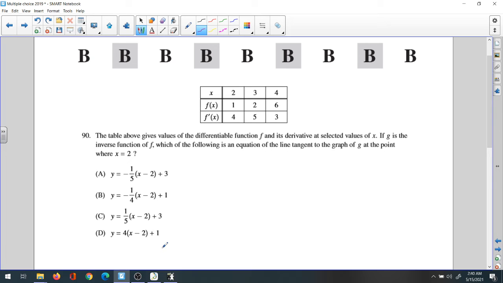To do that, set up the inverse equation, which is f of g of x must equal x. Then take the derivative: f prime of g of x times the derivative inside, which is g prime of x, equals the derivative of x, which is 1.